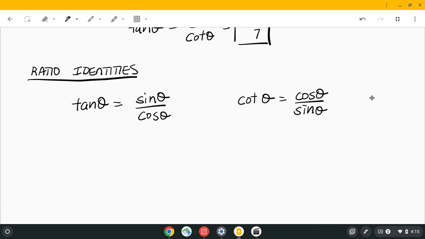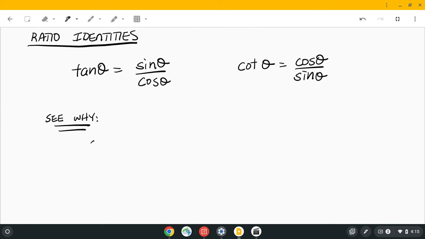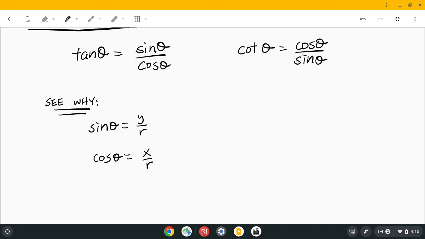Before we do some examples with these two ratio identities, let's see why. We knew in that first definition of trig functions that sine is y over r, cosine theta is x over r, and tangent theta is y over x.